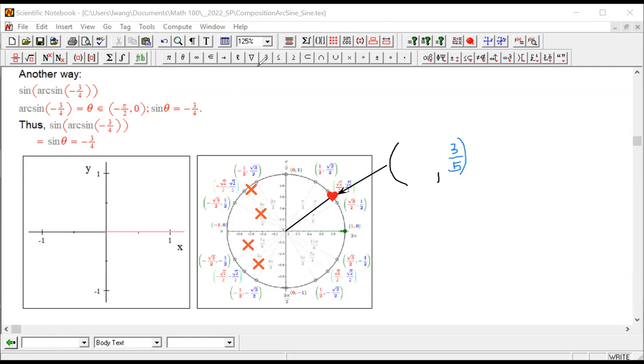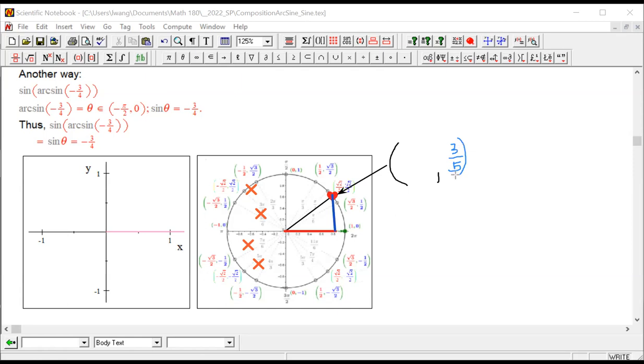The red number is this piece. The red number is not needed, but if needed, we can find it, right? And the blue is right here. This is the blue number.